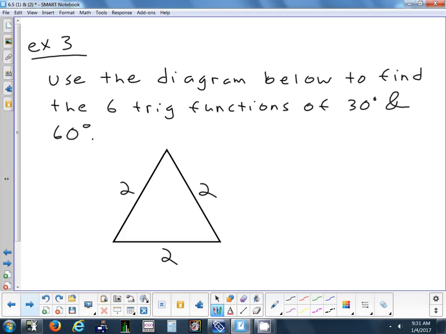What's going on here? It's an equilateral triangle, yep. So what does that mean? All sides are the same. What else? All angles are the same. So all the angles are 60, 60, and 60.